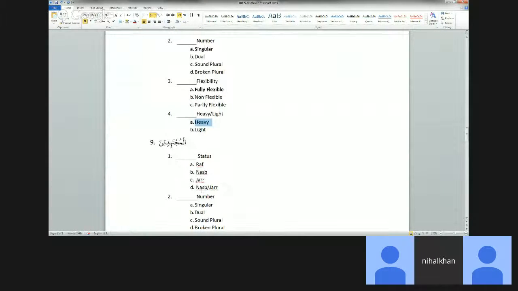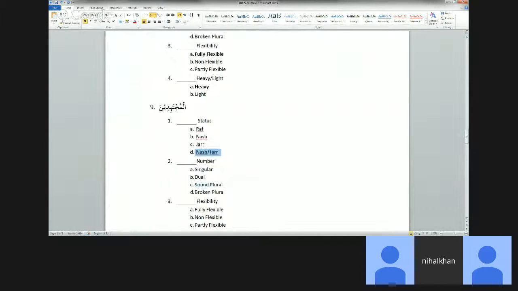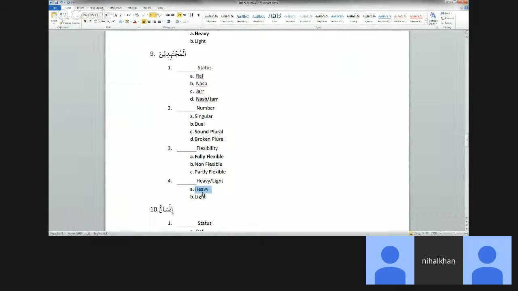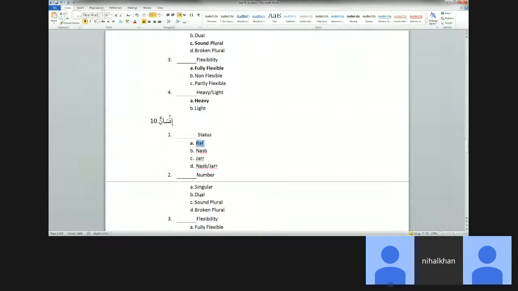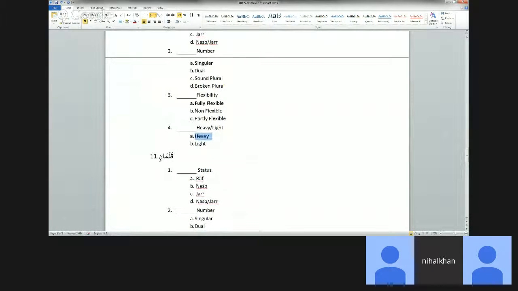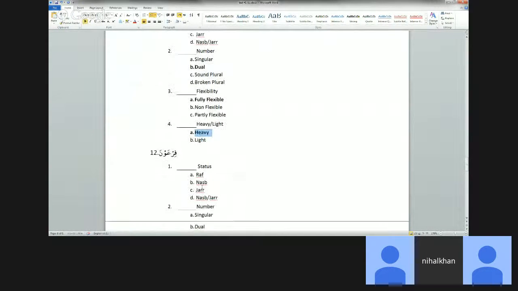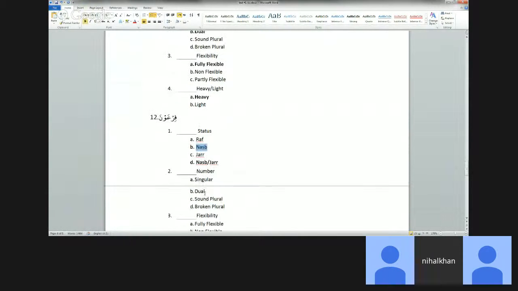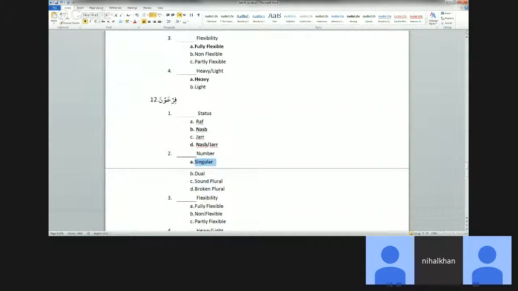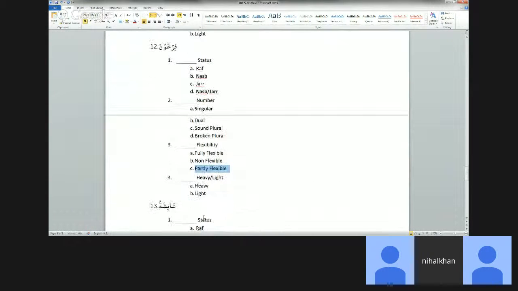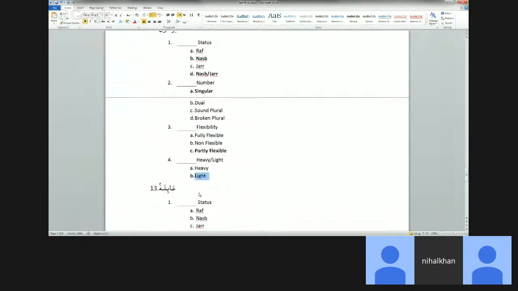Al-mujtahidin: nasab or jar, sound plural, fully flexible, heavy. Rafa, singular, fully flexible, heavy. Rafa, dual, fully flexible, heavy. Nasab or nasab, I'll take either of them, singular, partly flexible, and light.